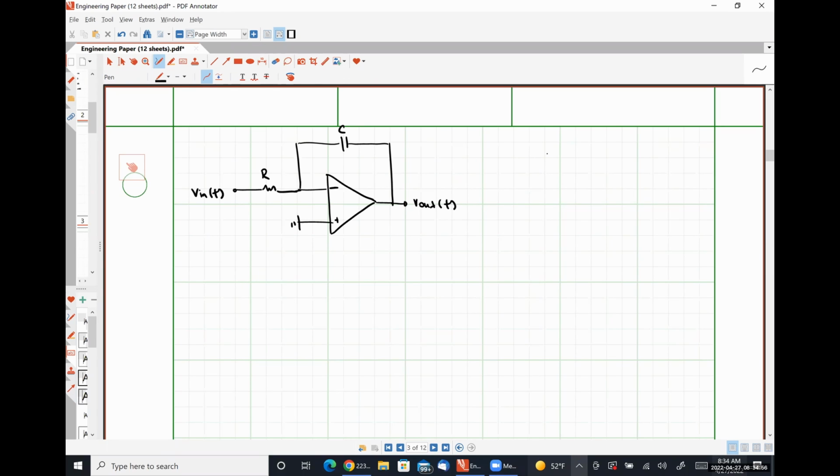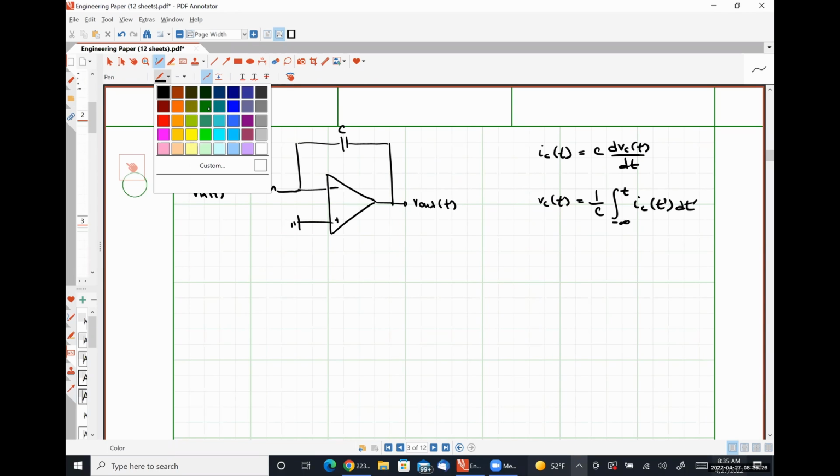Just as a reminder, we know that IC can be expressed as C dV by dt. We know that VC can be expressed as 1 over C times the integral of IC of t prime dt prime.